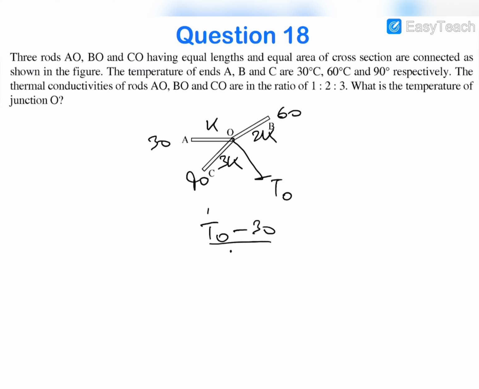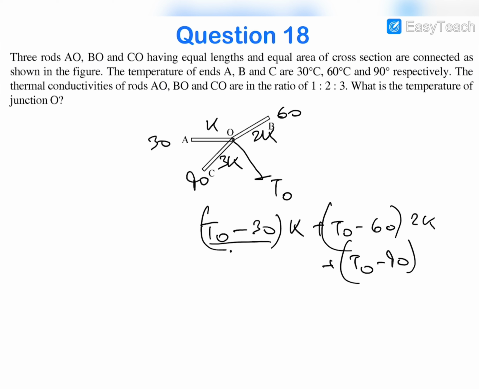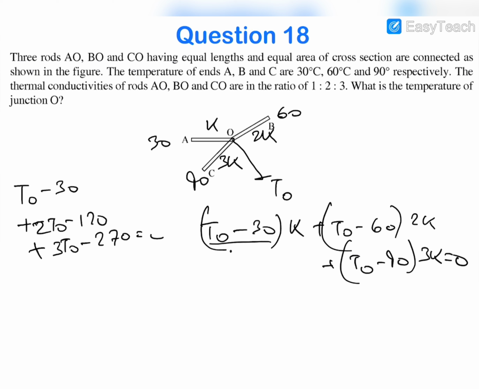Now R is the same, since length and area are the same, so we can multiply with K plus TO minus 60 into 2K plus TO minus 90 into 3K is equal to 0. So this is TO minus 30 plus 2TO minus 120 plus 3TO minus 270 is equal to 0.